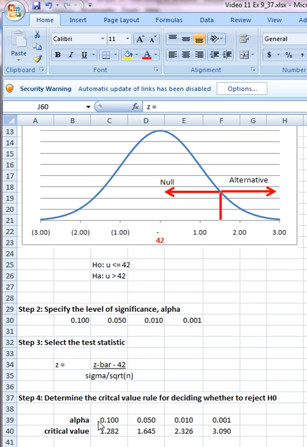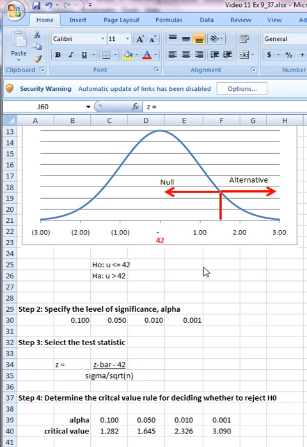And again, alpha is the probability of being wrong. What's the probability of making a type 1 error? Now, the value of alpha that you select depends on the circumstances. If this is an advertising campaign and you want to publicize to the public that our customers are very satisfied, a 95% level of confidence or an alpha value of 0.05 is appropriate.